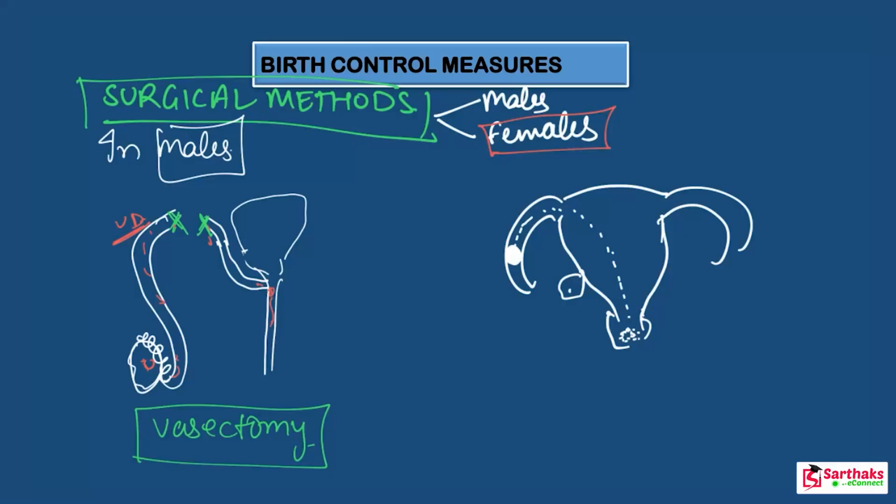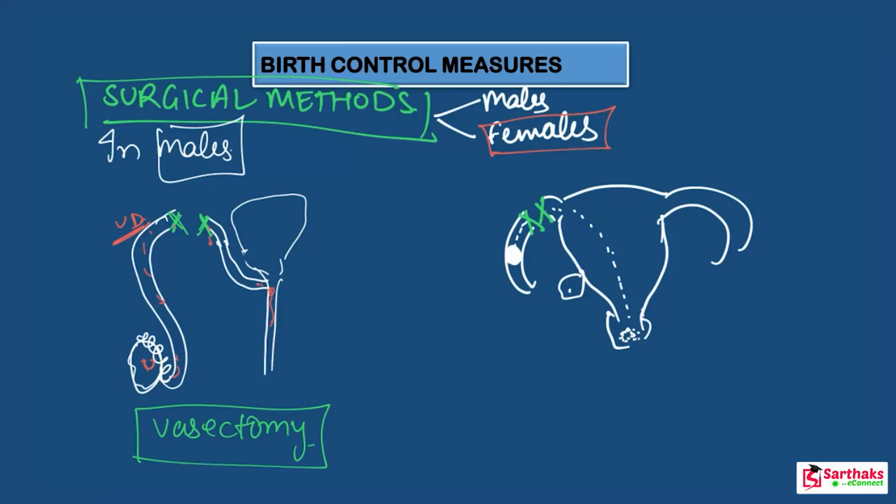But if you want to prevent fertilization, then what will the doctor do? Let me tell you. In this method, a small portion of the oviduct is cut. Let me remove this part and then I will show it to you. So a small portion of the oviduct is removed by surgical operation, and the cut ends are ligated, or you can say tied.